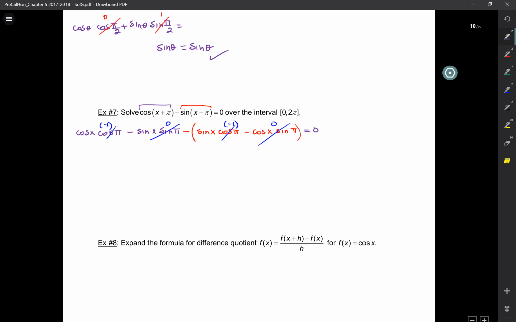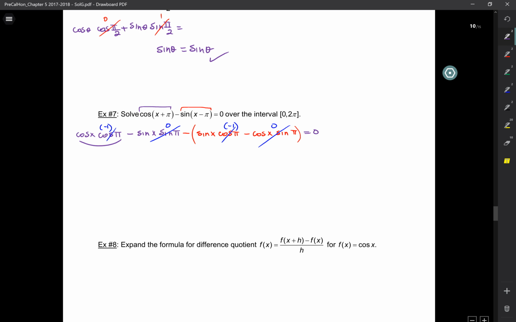Okay, so now here we got to be a little careful. So what I have in here, I have negative cosine of x. The next term went away. Now this term, negative or positive? Positive sine of x is equal to 0.